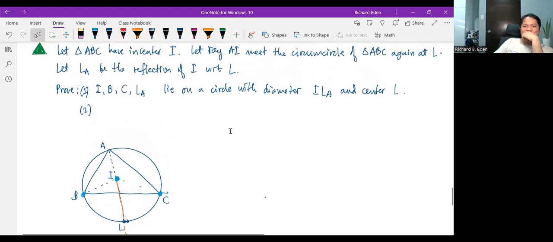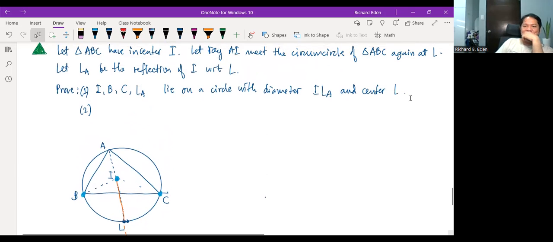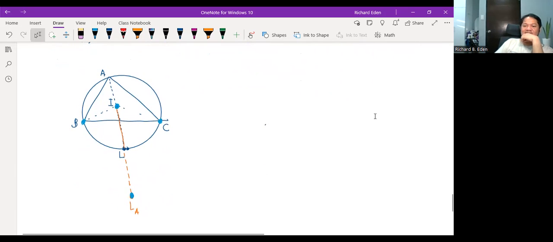Okay. So what's relevant here is that the diameter is I L sub A, and then mentioning that the center of the circle is L is redundant because L is the midpoint of I L sub A. So therefore, if I L sub A is the diameter, that would make L the center.